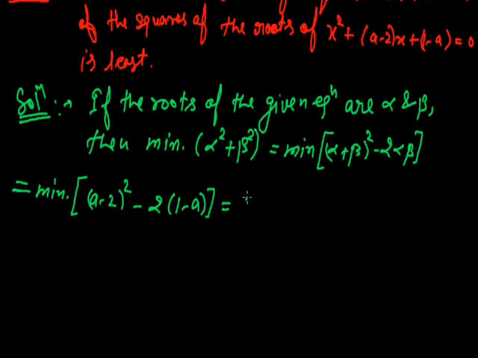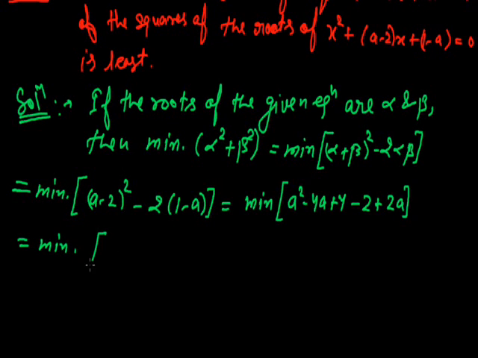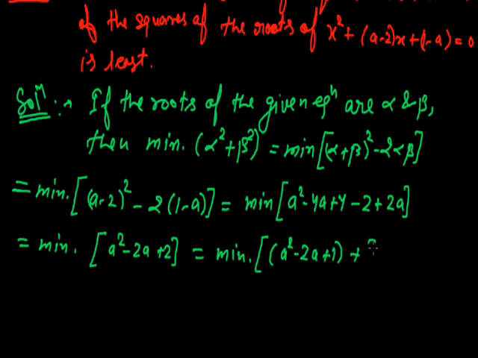The minimum value of this expression is the minimum value of a square minus 4a plus 4 minus 2 plus 2a, that is, a square minus 2a plus 2, or a square minus 2a plus 1 plus 1. That means the minimum value of a minus 1 whole square plus 1.